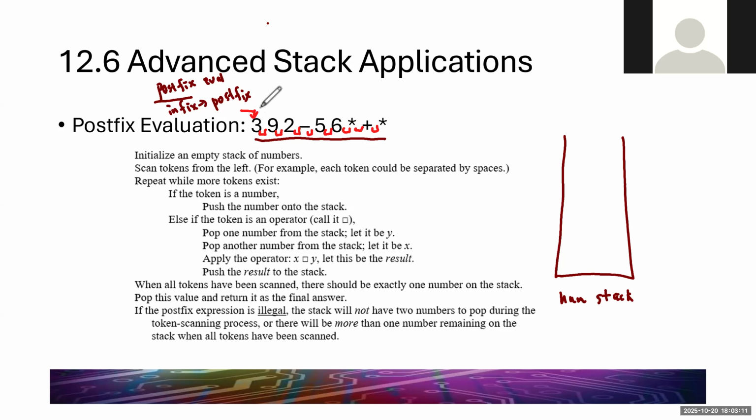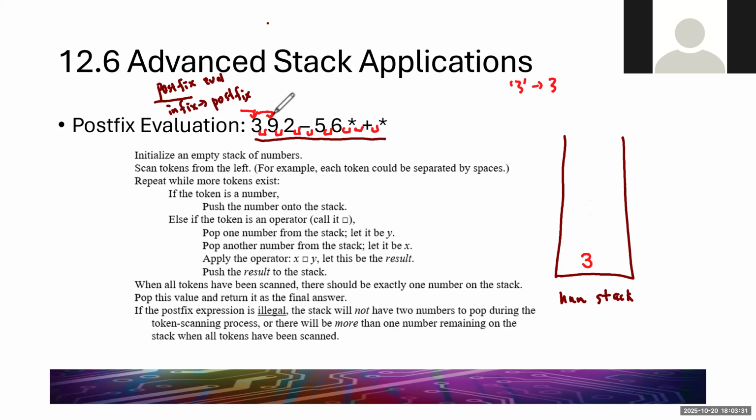We scan from the left and get the token. The first token is the string 3, so we also need to convert it to the number 3. If it is a number, you push it to the stack.